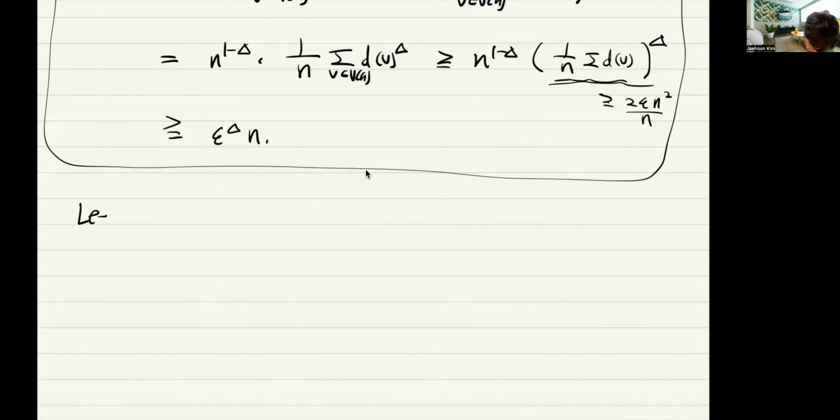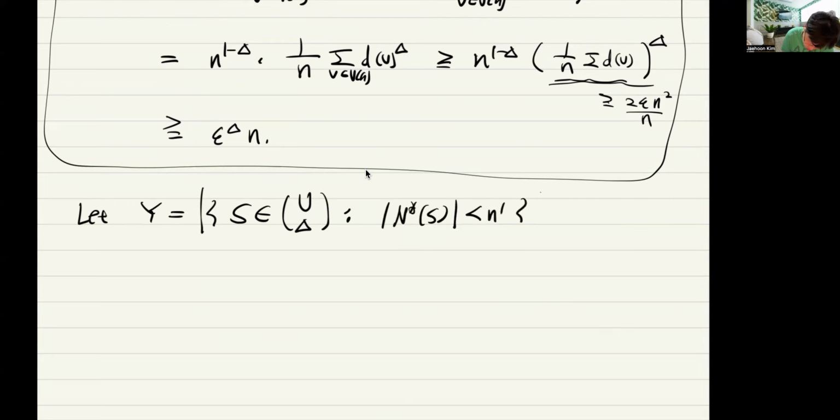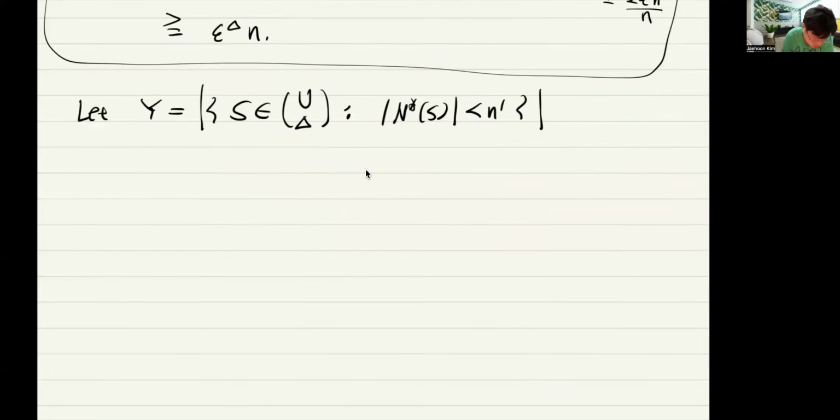So let Y be the number of all subsets S of U with size delta that have small common neighborhood, common neighborhood size smaller than n prime. Then we can compute the expectation of Y.